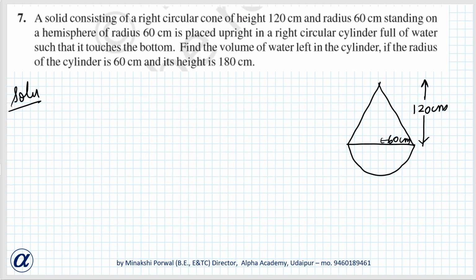Then the radius of the hemisphere is also the same, and this combination is placed inside a cylinder. This cylinder is full of water. And the cylinder this way. So this will also be 60 because it is the radius of the hemisphere.